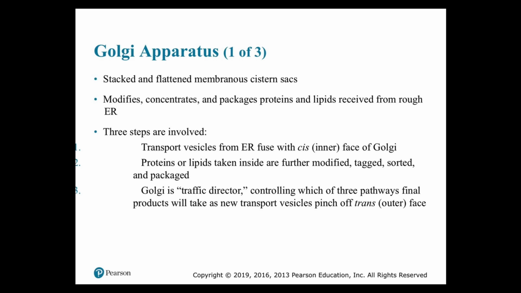The proteins or lipids taken inside are further modified, tagged, sorted, and packaged. The Golgi is like the traffic director, controlling which of the 3 pathways final products will take as new transport vesicles pinch off from the trans or outer face of the Golgi apparatus.